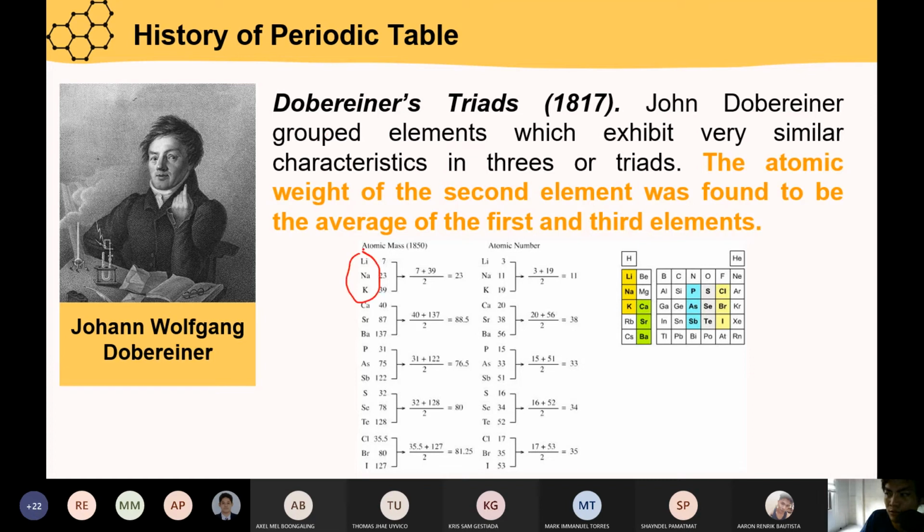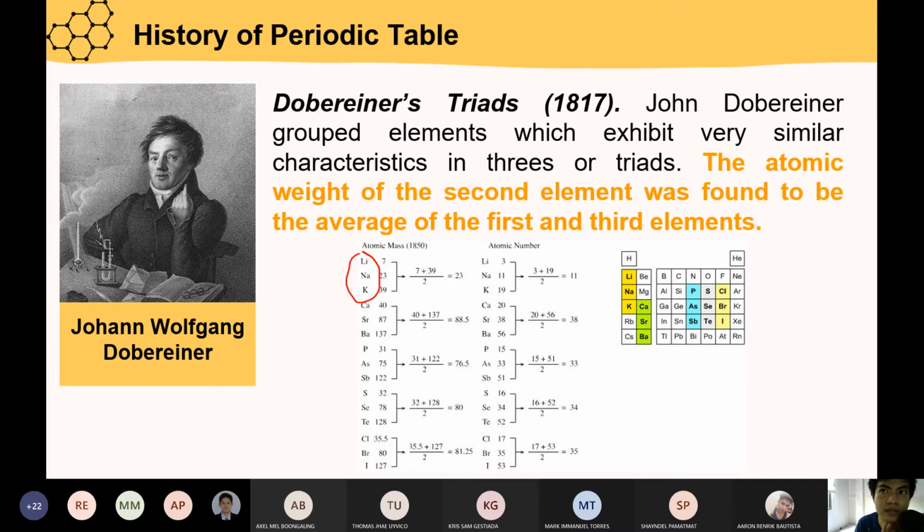Lithium, sodium, potassium. They have the same physical and chemical properties. Example, lithium, pag nilagay mo yan sa tubig, sasabog siya. The same thing for sodium and potassium. So, ginawa ni Döbereiner, i-arrange yung mga elements by threes. Sila yung similar chemical properties, sila yung magkasama. He called it the triads.